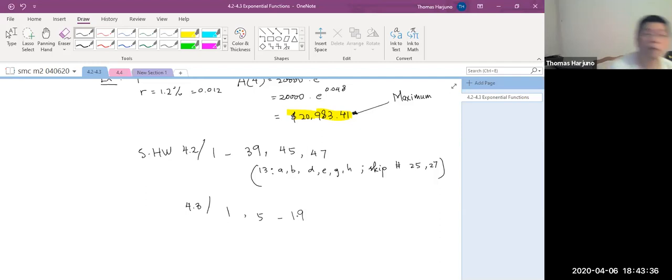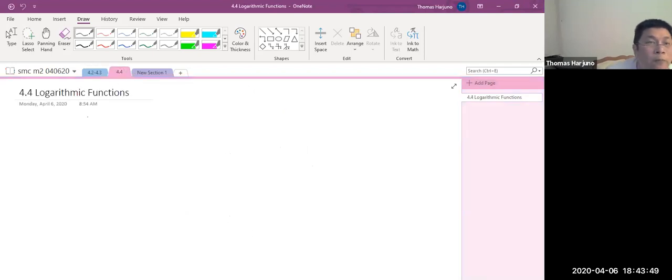Okay. Now let me go on to 4.4. I have only around 10-12 minutes remaining, so I won't be able to finish 4.4 completely, but I can give the foundation. 4.4 logarithmic function definition.